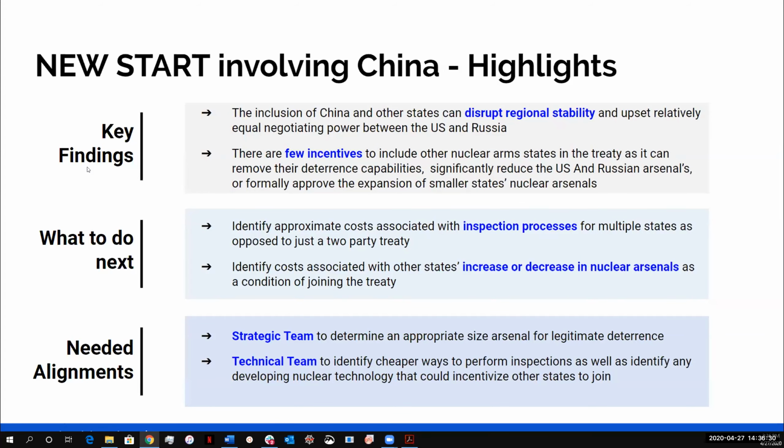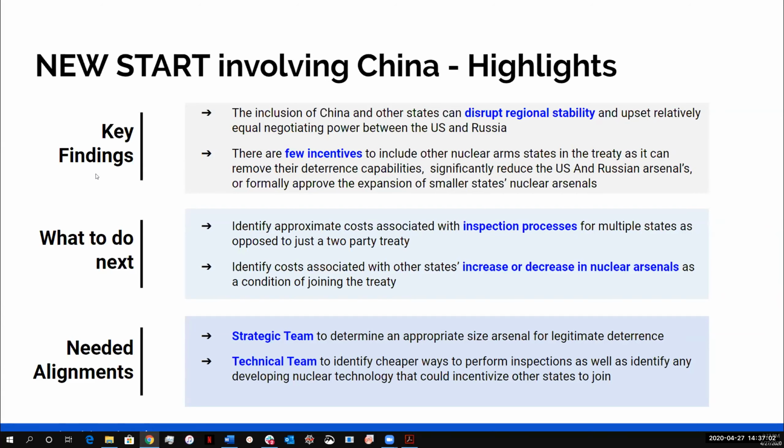Hi, I'm Christian Murray, and I'll be discussing the involvement of China and potentially other third-party countries in the New START deal. Firstly, one of the key findings is that the inclusion of China and other states can disrupt regional stability in a plethora of different ways, because we can see things like a reduced nuclear arms force that could ultimately change the balance of power.